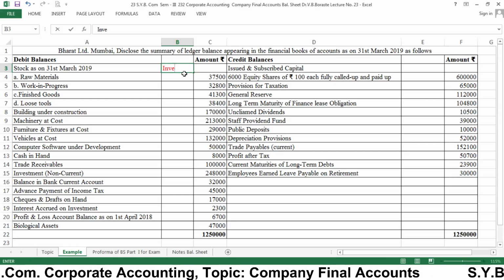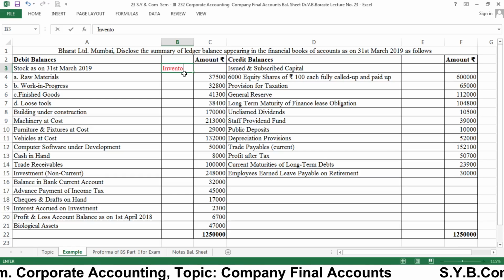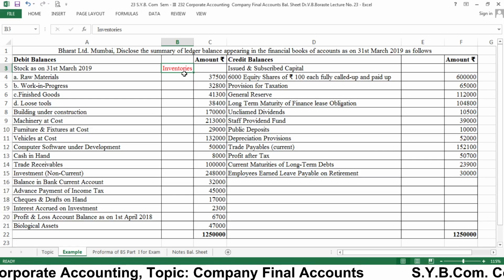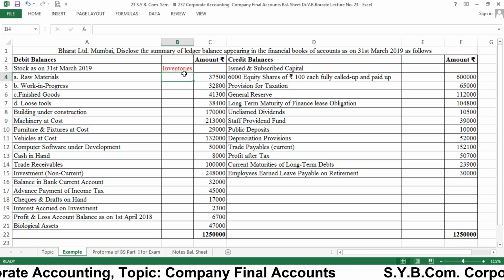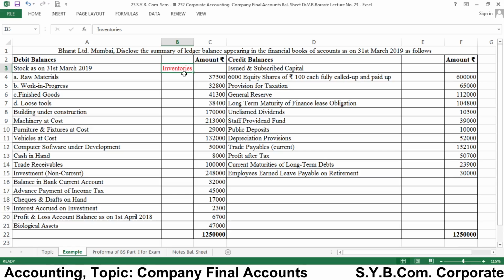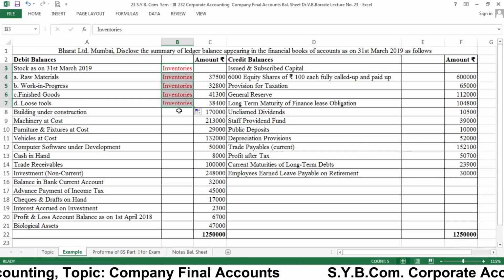So here I am going to write down inventories. So stock, that is raw material, work in progress, finished goods, and loose tools, everything will be posted in the note. That note will be called inventories.